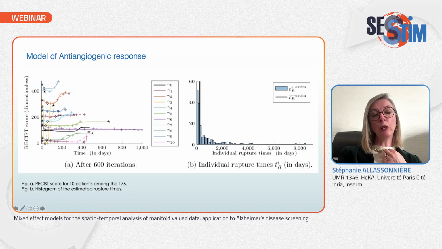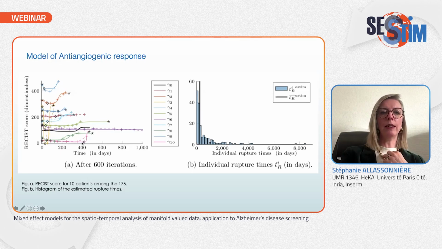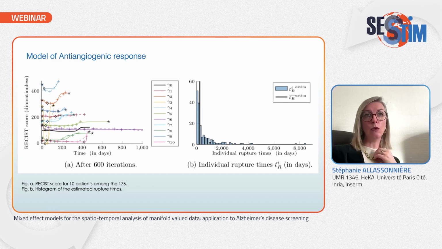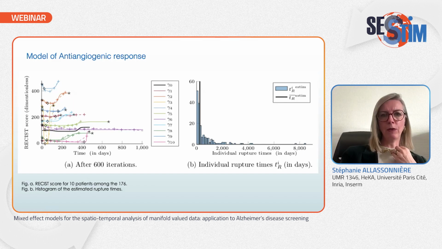And what we tried to do is to estimate this time of relapse with our models so that we were able to say to the medical doctor that it was probably time to have a new visit from the patient and change the drug, because you have 7 or 8 different anti-angiogenic possible drugs. So it was time before relapse to try to change this second line of treatment.